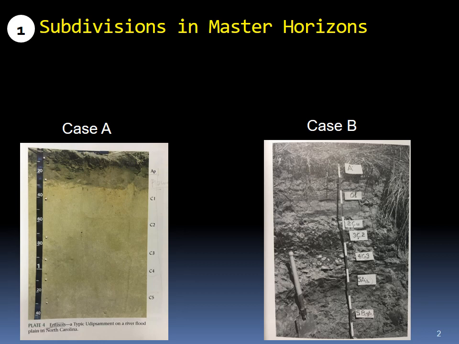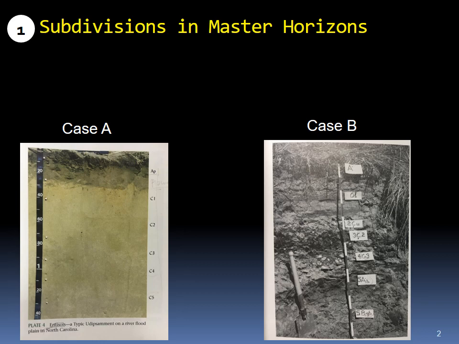But today we're gonna learn something even more interesting. I would like you to pay attention to the following two pictures. Now you have case A and you have case B, and I want you to look at the horizons. You would see something different here. You would see that there is a horizon that is repeated, but it has numbers.